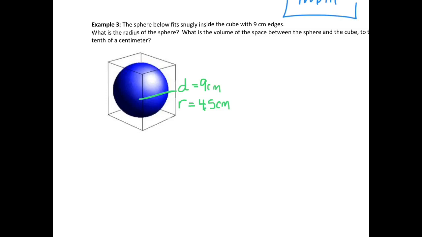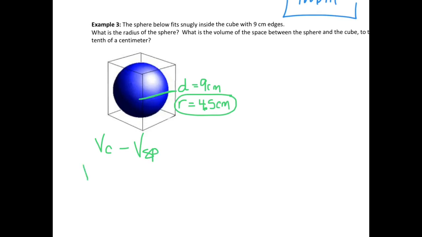We need to find the volume of the space between the sphere and the cube, meaning this is a box with a sphere that just fits inside of it. What's the volume of the space? So we're going to find the volume of the cube minus the volume of the sphere.